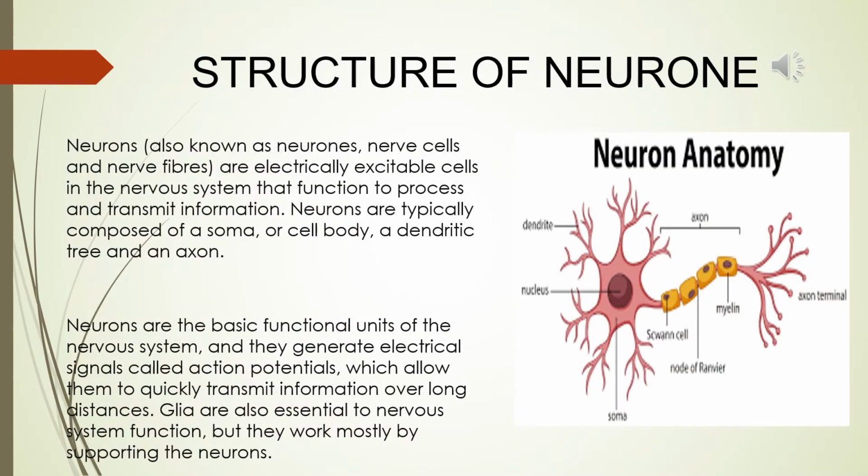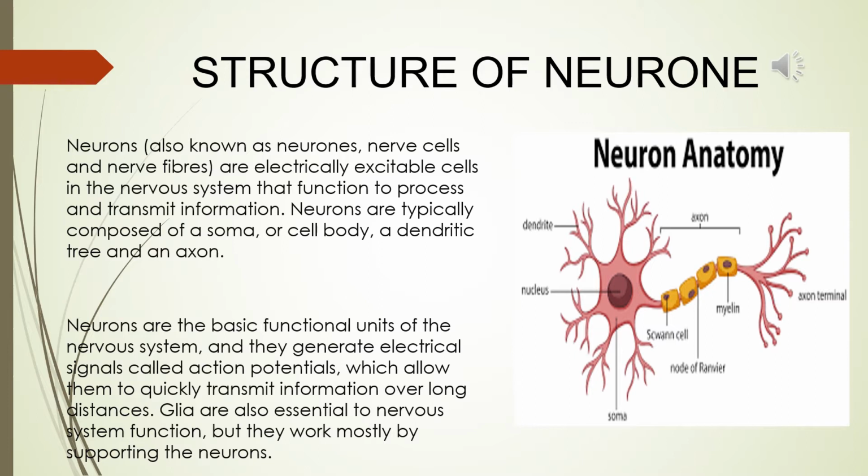I am describing the structure of neuron. Neurons, also known as nerve cells and nerve fibers, are electrically excitable cells in the nervous system that function to process and transmit information from one part of our body to the brain.